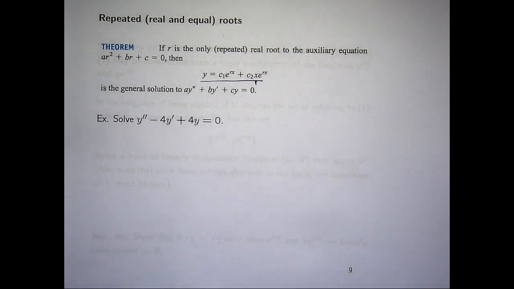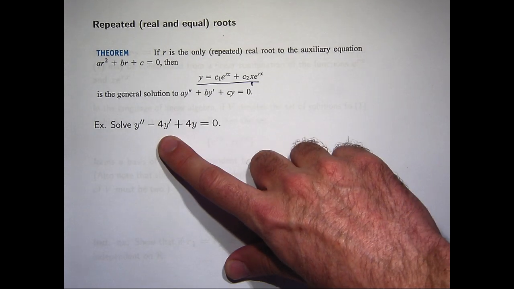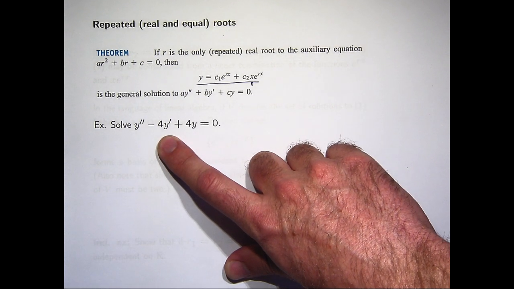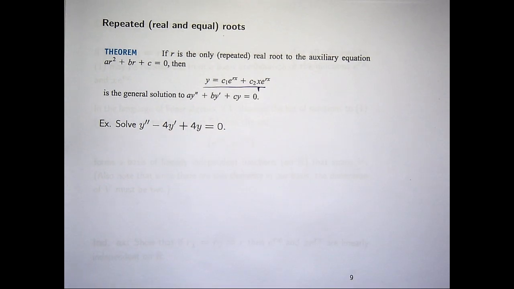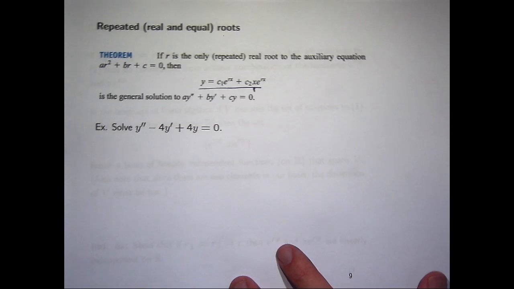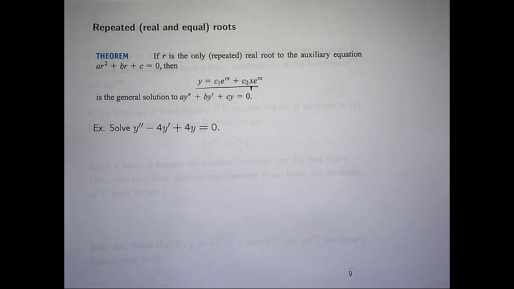Now, where does that form come from? Well, you can, if you want to, split up the middle term into minus 2y prime, minus 2y prime, and do virtually exactly what I did in the original example by reducing the order. If you do that, you'll see exactly where that solution comes from.